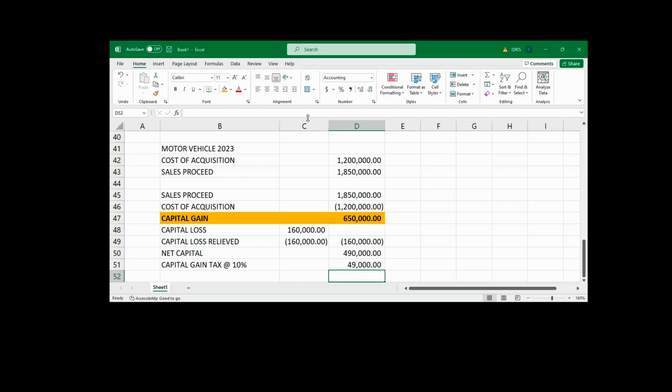What is rollover relief? Rollover relief simply means deferment of capital gain tax. You defer your capital gain tax to a future date. How do you defer it?